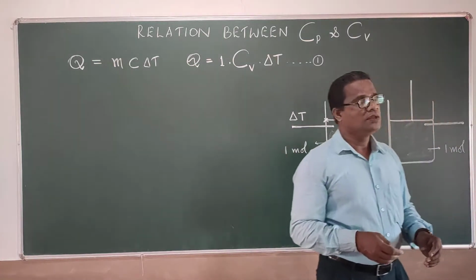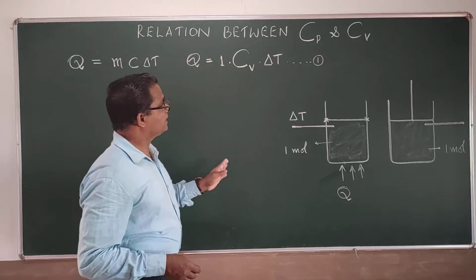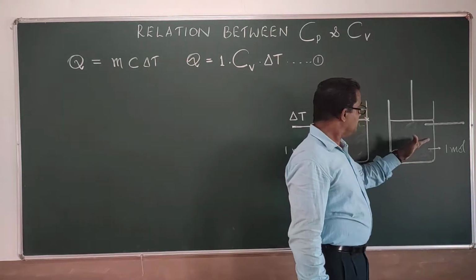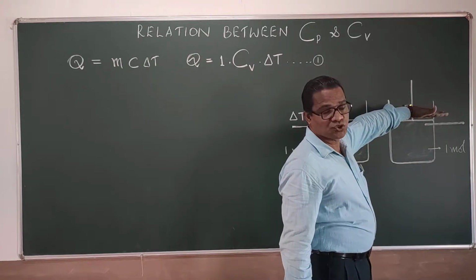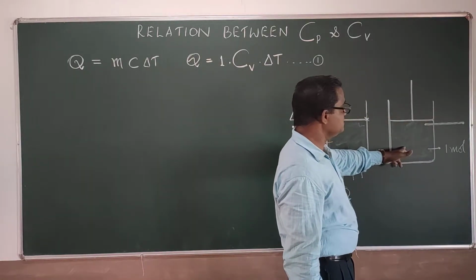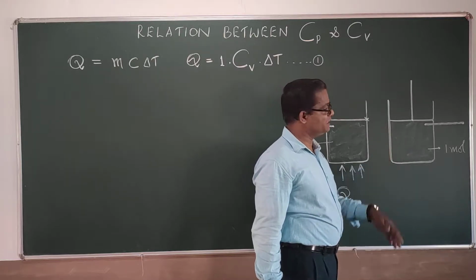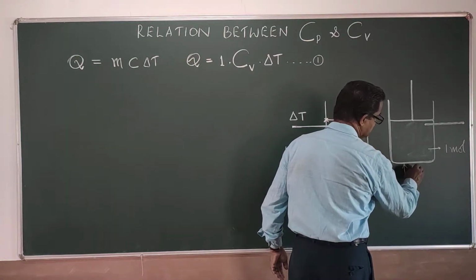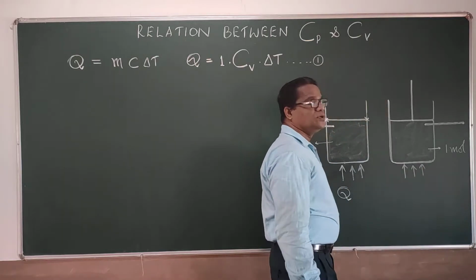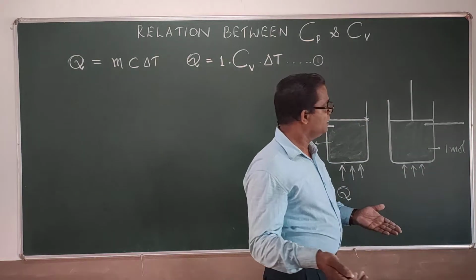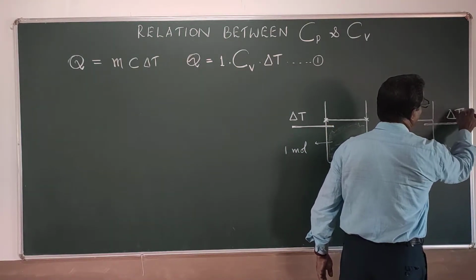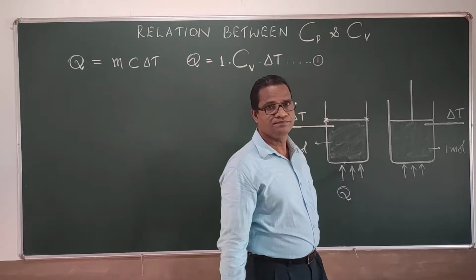Okay. Now I consider the second case. Here a movable piston is attached, and the same type of gas under the same initial condition is taken, as I told you already. If I heat this gas so that the temperature of the gas increases through delta T, that is the criteria here.